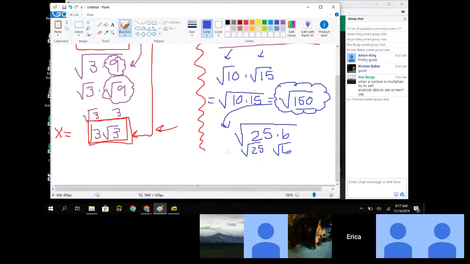The square root of 25 is 5, and the square root of 6 cannot be simplified. So the square root of 10 times the square root of 15 has an equivalent expression of 5 times the square root of 6. These two are equivalent expressions, right? They're equivalent to each other. But this one would be written in the proper format.